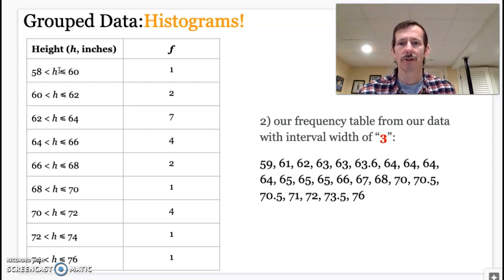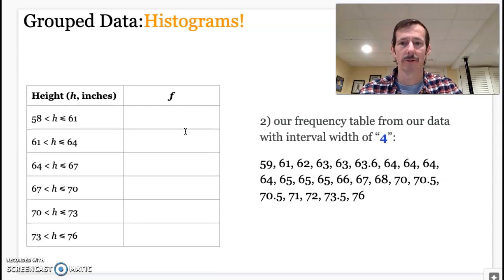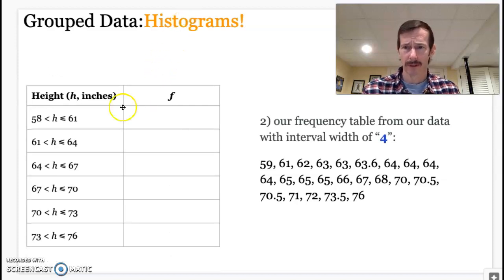So our table would end up looking like this. And you can see that each of these would represent a box on our histogram. So there would be quite a few of them. So if instead I decide to switch gears and do 4 as my interval, that means then I start at 58 and I don't include 58, and I go up to and do include 61-inch people.